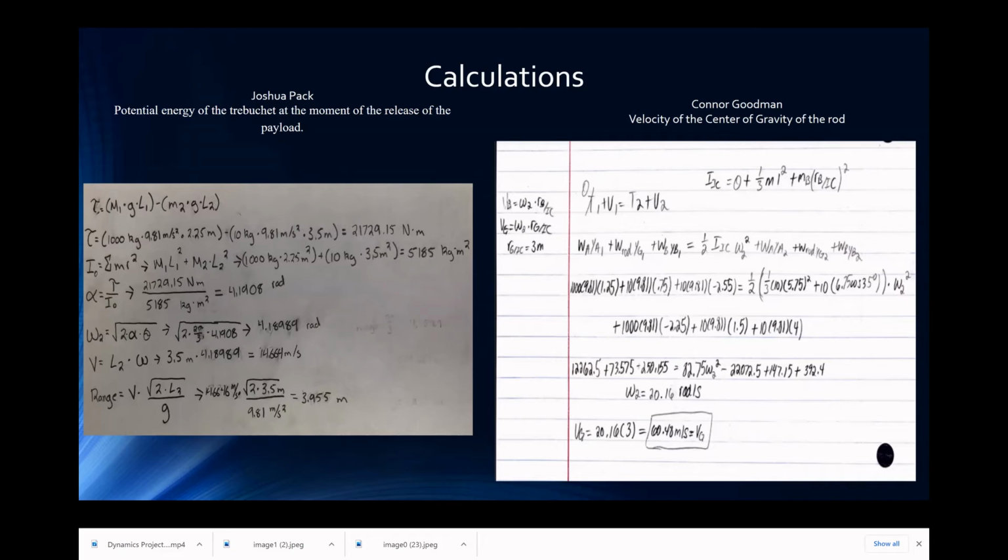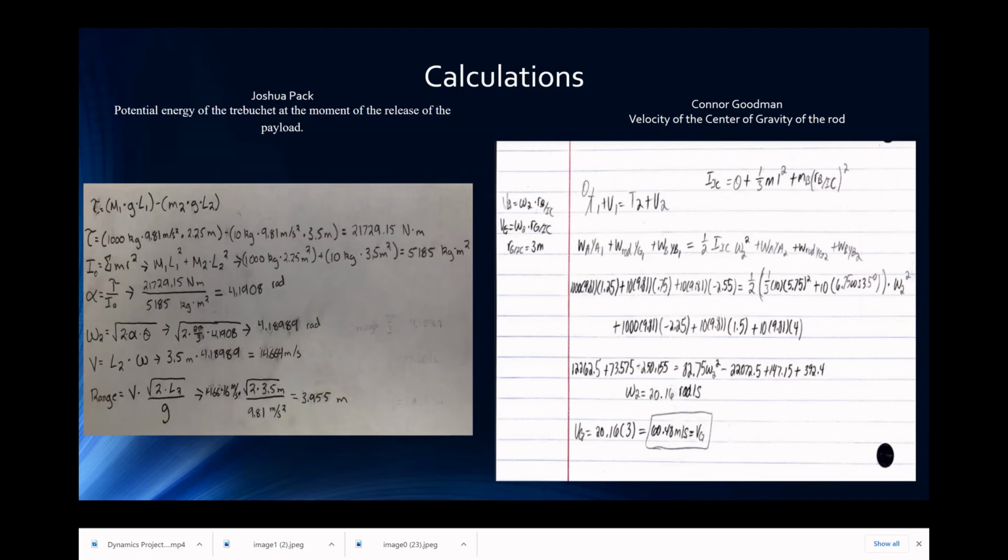I then went on to find the moment of inertia, and I did this by calculating M1 L1 squared plus M2 L2 squared. After finding both the torque and the moment of inertia, I was able to find alpha by dividing torque by the inertia. I was then able to calculate omega by taking the square root of 2 times alpha times theta.